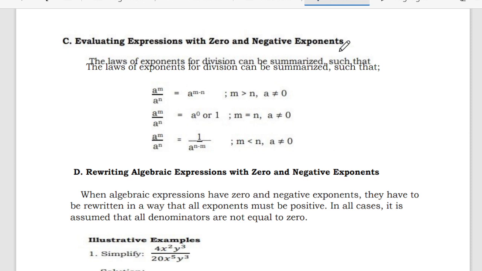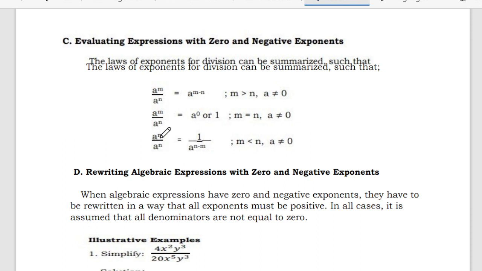Okay, evaluating expressions with zero and negative exponents. If you are dividing a raised to m divided by a raised to n, you just subtract the exponents if m is greater than n. Then it is equal to a raised to 0 if m is equal to n. So if the value of m is equal to n, the exponent is 0 and the answer is just 1.